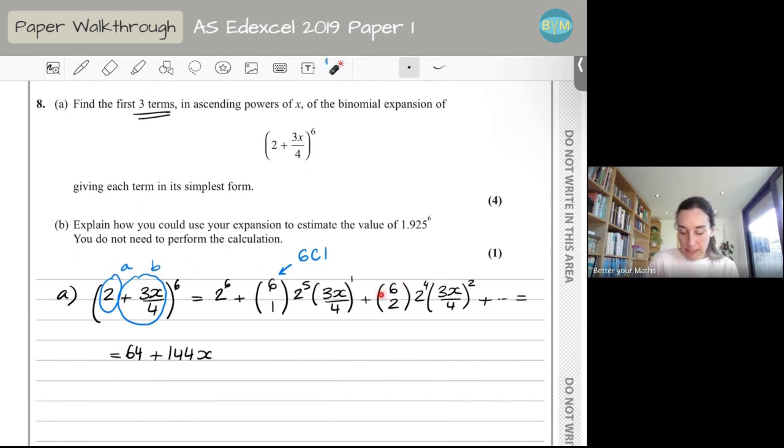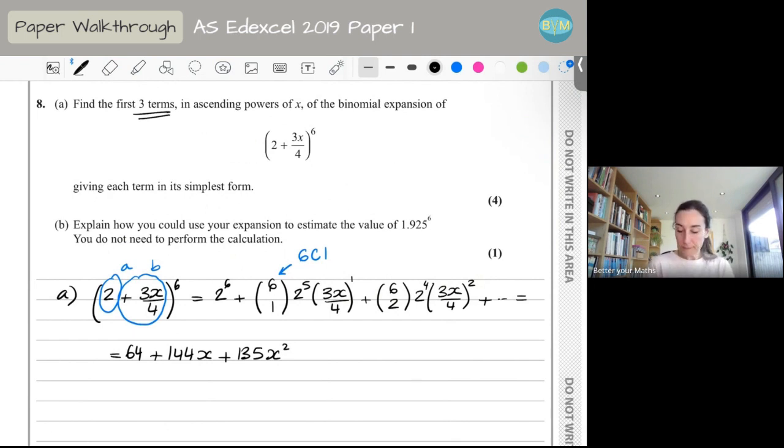And then this one is 6 chooses 2 with the calculator again, times 2 to the power of 4 times, be careful because this 3/4 now goes squared. So I'm going to multiply by 9/16. And I get 135. Yeah, plus 135x squared. These are the first 3 terms of this binomial expansion.